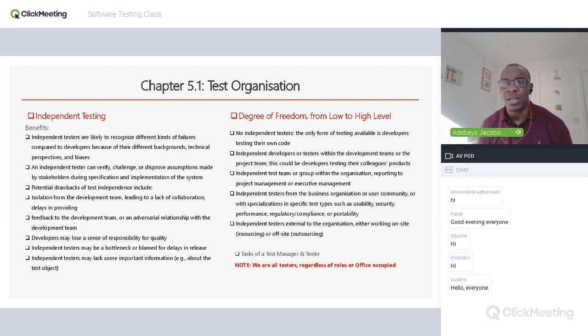Now, if you remember in previous classes, I did mention something about degree of freedom. Degree of freedom means that if you are testing, you have no participation whatsoever in the development of what you're testing. You are not positively or negatively disposed to the application. You have no pre-knowledge of the application. You have no residual knowledge of the application that may interfere in your test effort.